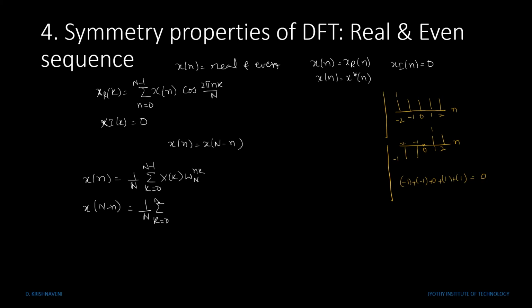Summation k equal to 0 to N minus 1 X of k. In place of n, we are writing N minus n into k. So this is 1 by N summation k equal to 0 to N minus 1 X of k W_N to the power of Nk into W_N to the power of minus nk.